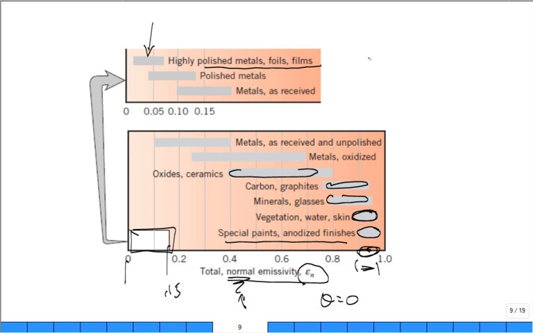That would have a very low emissivity. So what's the difference between polished metals, metals as received, or unpolished metals or oxidized metals? Notice they start to get a large range depending on what sort of oxidation has occurred and what type of condition of the surface of the metal. Yeah, it's going to higher and higher emissivity.